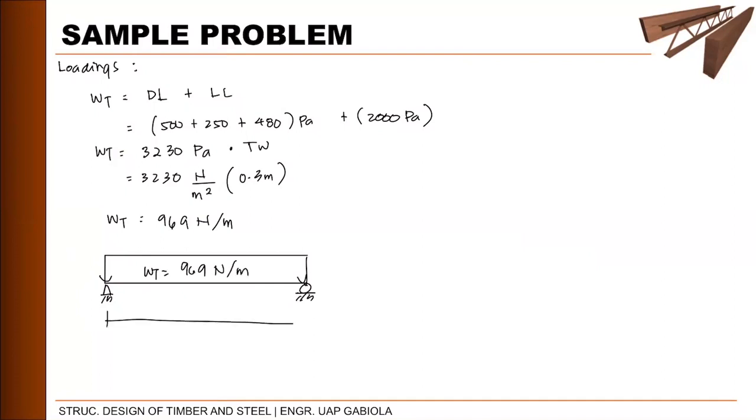Then we have here a length of 3,600 mm. Okay? So yan na yung simple beam lang pala yung meron tayo. Now that we have that, we need to check kung ano yung property ng 80% stress grade Apitong.